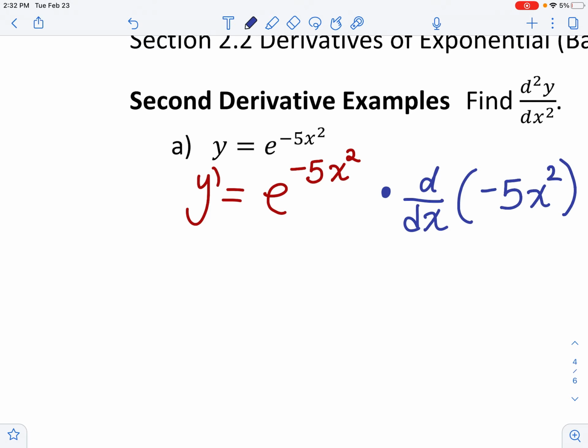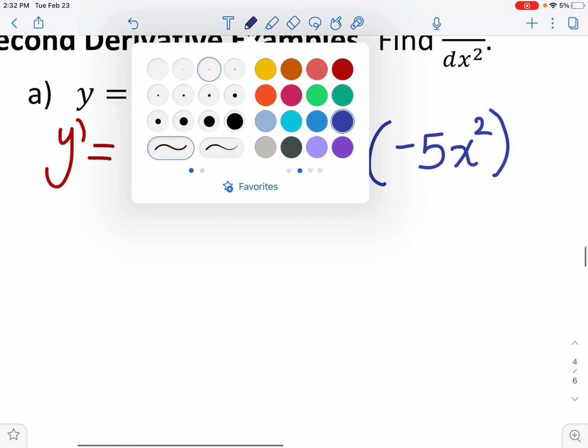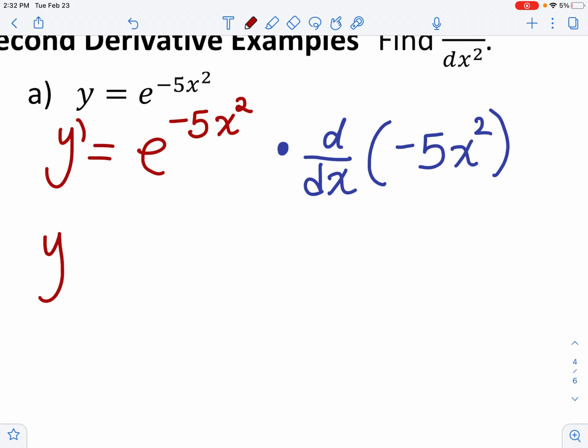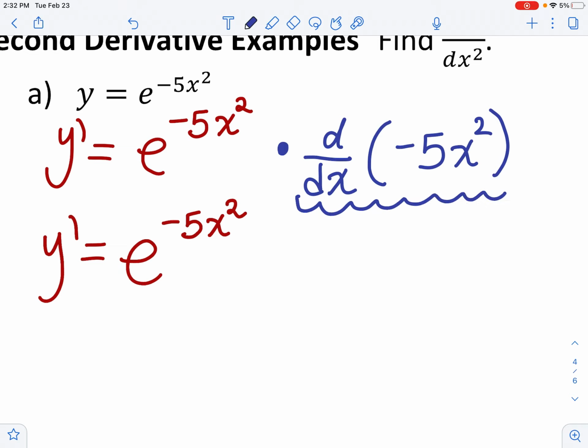So we're finding the derivative of negative 5x squared, and we're going to multiply that to this e to the negative 5x squared. So what's that going to be? The blue term, this will give us negative 10, isn't it? That is simply negative 10x.